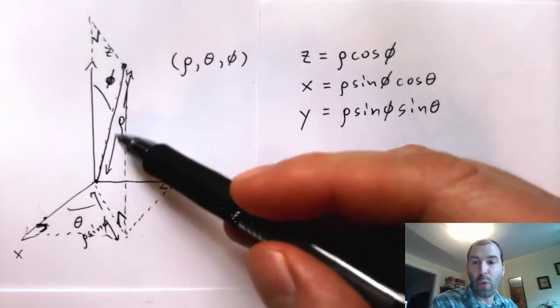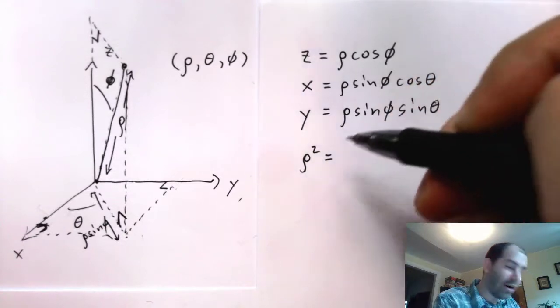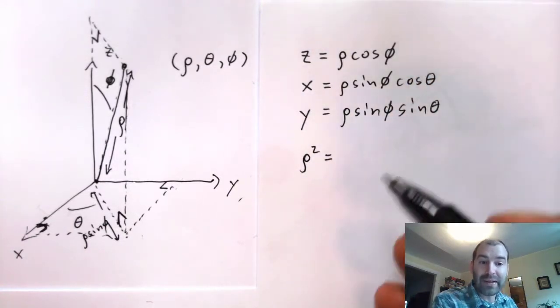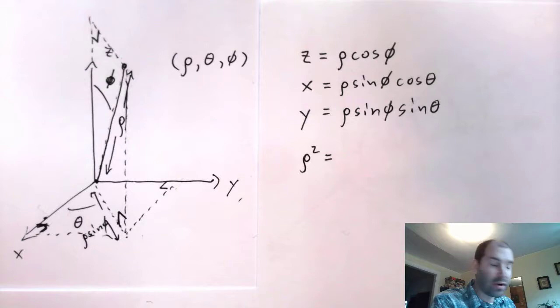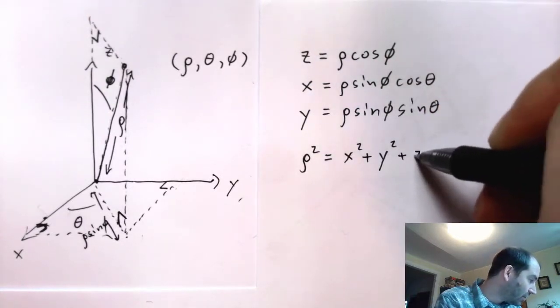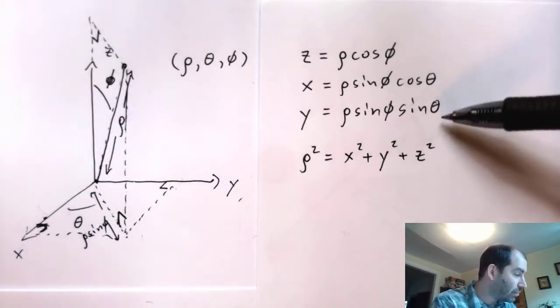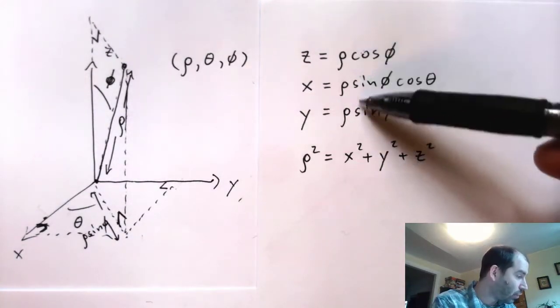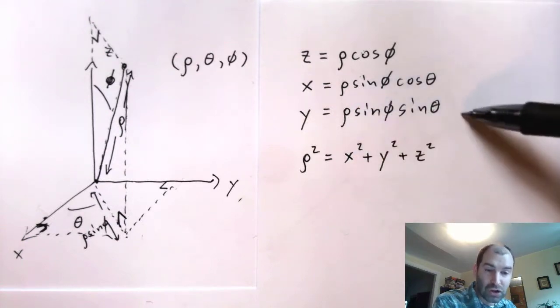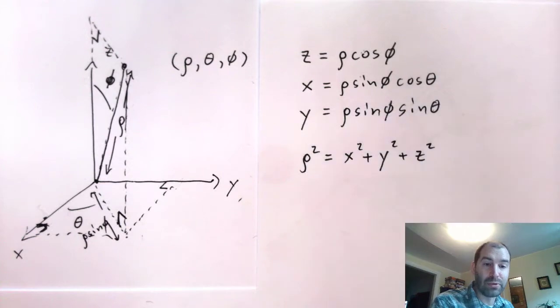I know that the square of a distance to the origin, so that's rho squared, I compute that just by taking the sum of the squares of the Cartesian coordinates. X squared plus y squared plus z squared. You could also verify it simply by just plugging these things in for x, y, and z down here. Use a little bit of trig and you'll see that this does indeed simplify to rho squared.